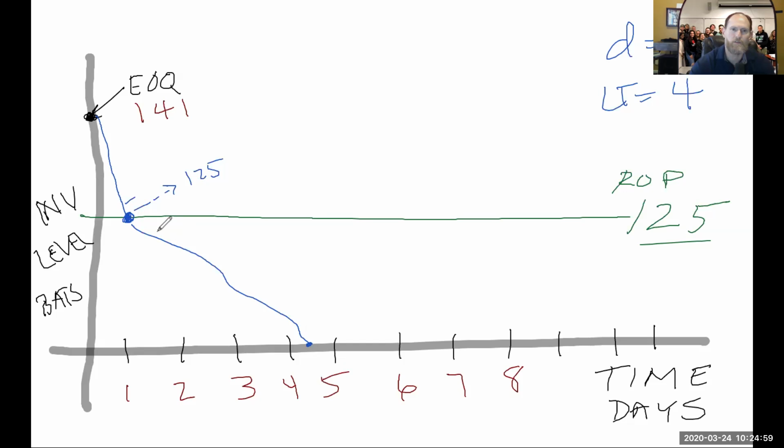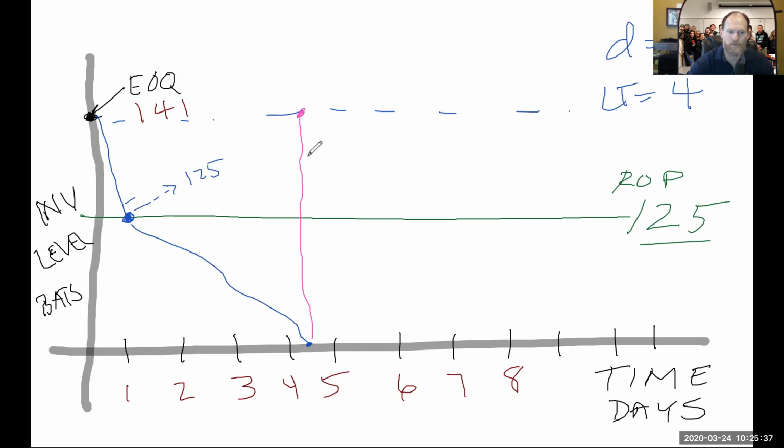But the point is that we continue to operate until that shipment comes in. And under EOQ, when that shipment comes in, we go back to 141. So I'm drawing this line in a different color.